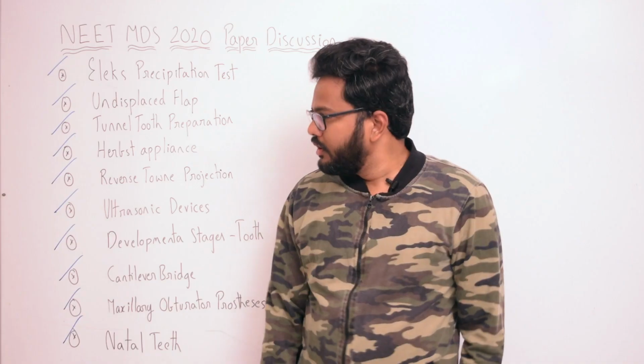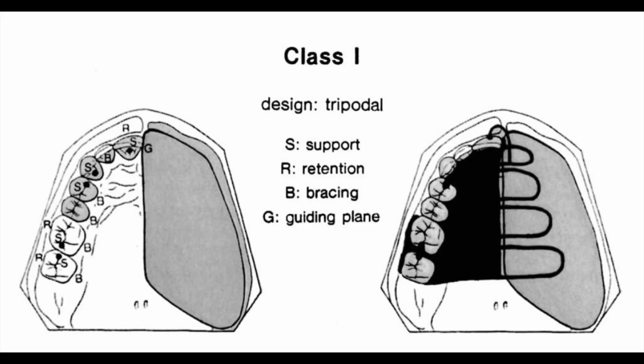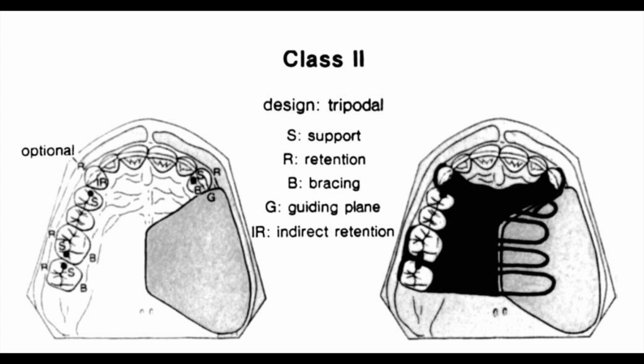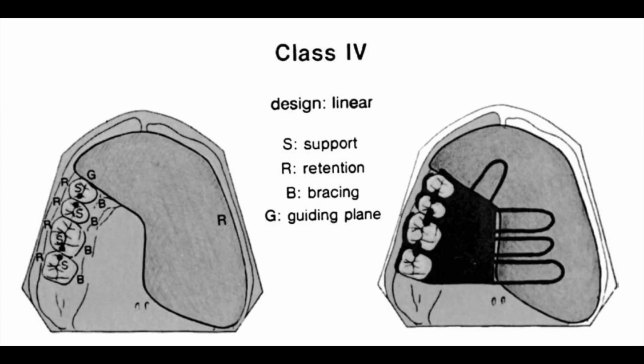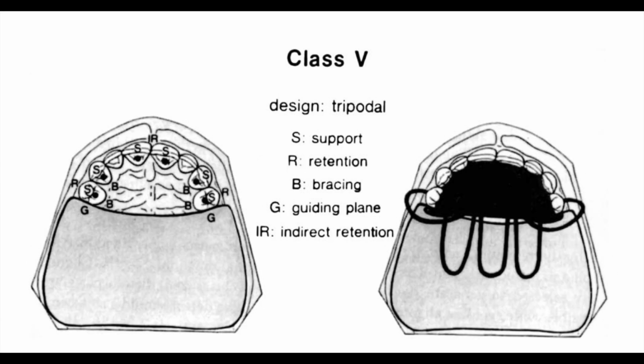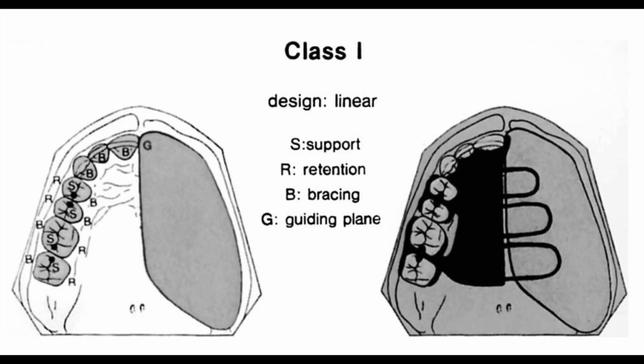Now let's move on to the next question, maxillary obturator prostheses. We have a classification given by Armany, with 6 classes. Coming to the class 1 category, it represents the classic maxillary resection defect where the hard palate, alveolar ridge and dentition are removed to the midline.